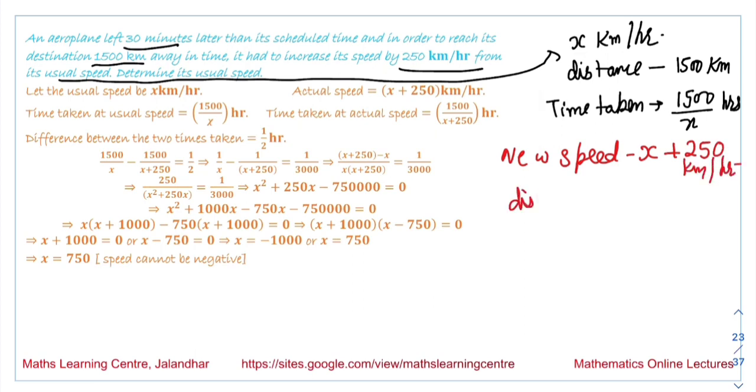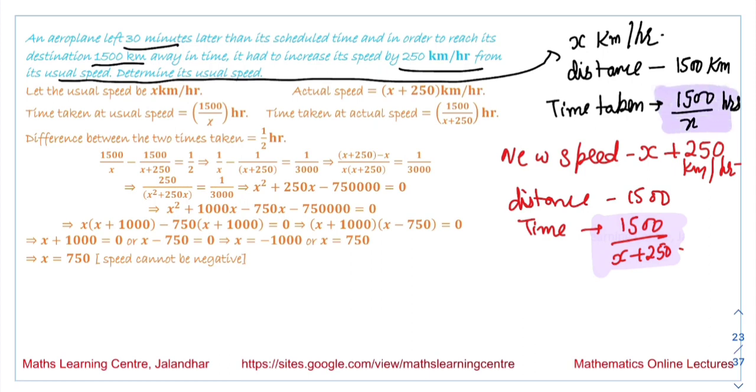The distance traveled is the same, so the time taken is 1500 over x plus 250. This is the time the aeroplane has taken, and this is the actual time that it would have taken. The difference between these two is 30 minutes, that is 1 by 2 hours.